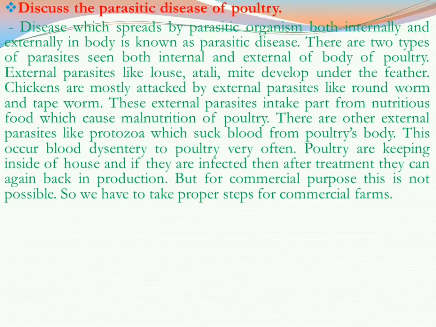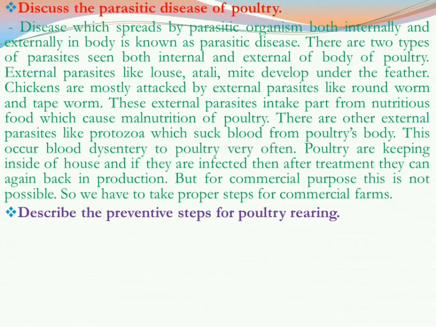If we are farming a small number of chickens at home, we can identify the infected chicken, give it medication, and again have a healthy chicken that can give egg and meat production. But on a commercial basis this is not possible, because if disease breaks out then it spreads to all the chickens. So in that case we have to take proper steps.